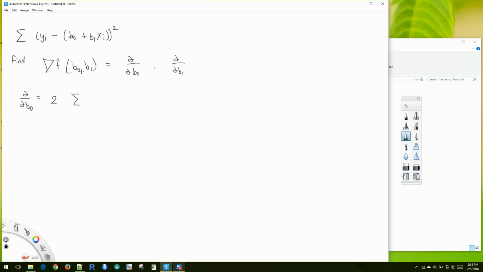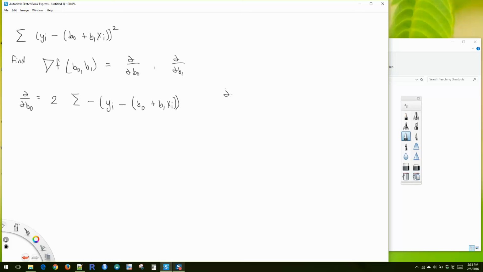Because we've got a minus term, it's going to be minus the quantity y sub i minus (b0 plus b1 x sub i). I think I did my math correctly there. Right, just chain rule it.